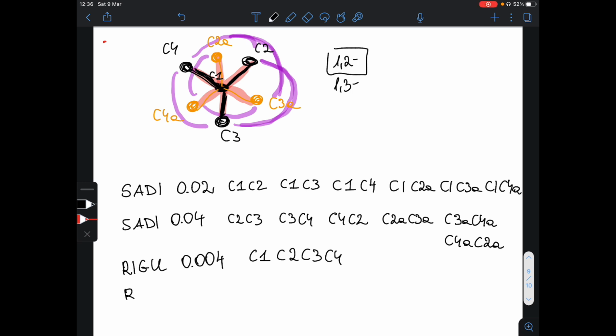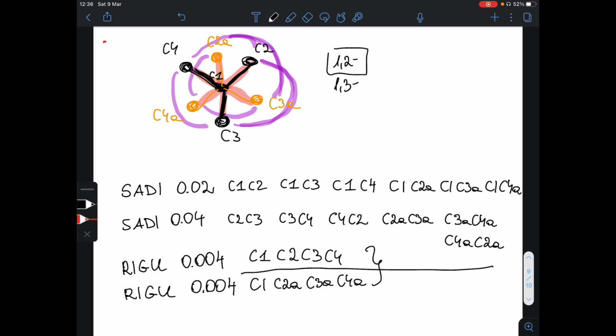We also want to do it for atoms from the other part and for the middle atom too that is not disordered. So again, C1, C2A, C3A, C4A. Because RIGU works based on connectivity, not on the distance, like SIMU, we could also just combine them together and write everything in one line.